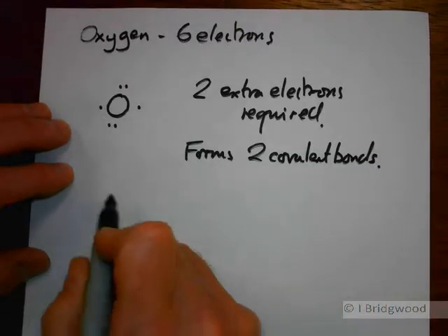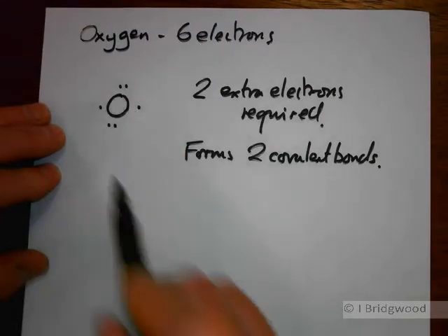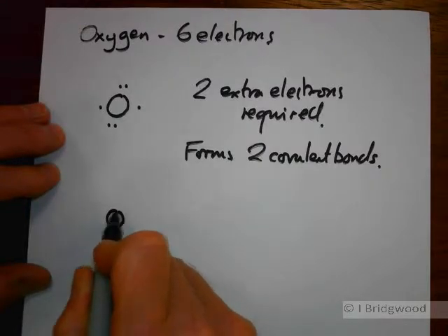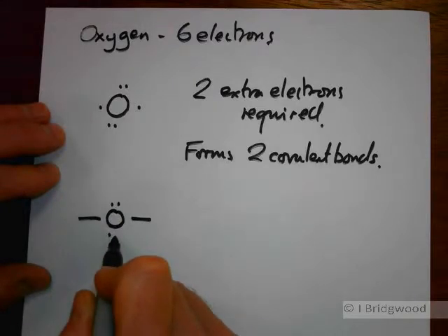So each of these electrons here is going to share another electron with another atom, and that forms our 2 covalent bonds, 2 possible covalent bonds for oxygen like that.